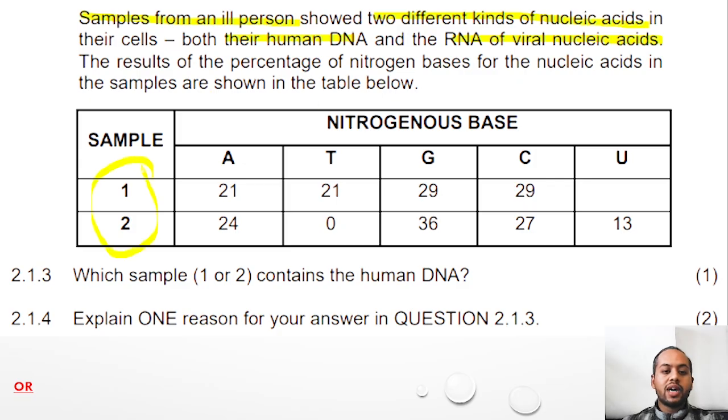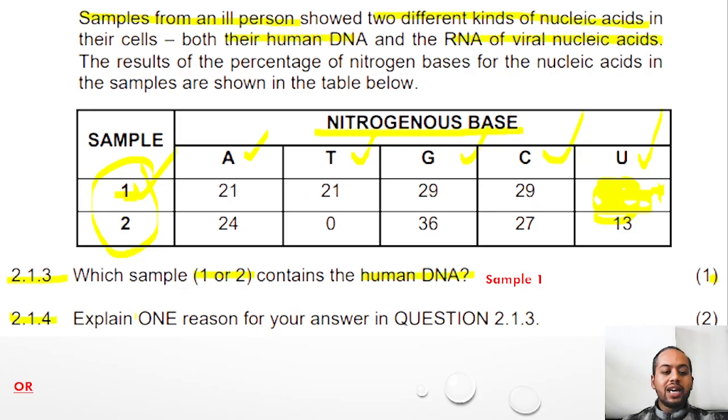So you have samples 1 and 2, nitrogenous bases for A, for T, for G, for C, and for U. We notice that U is completely open here, and that's going to be in the first sample. But we also know that in a DNA strand, we don't have uracil. 2.1.3 says which sample, 1 or 2, contains the human DNA. We just came to that conclusion, there's no uracil here. Therefore, sample 1 would be DNA.